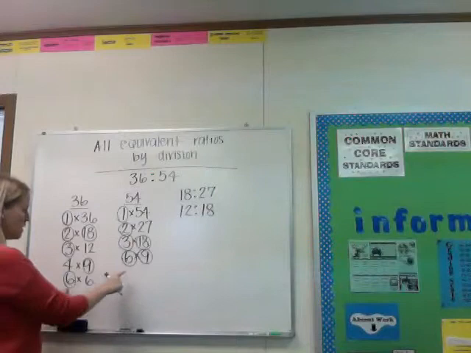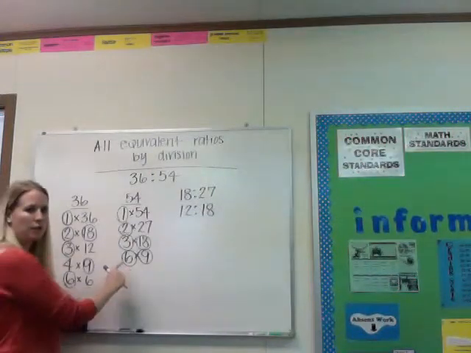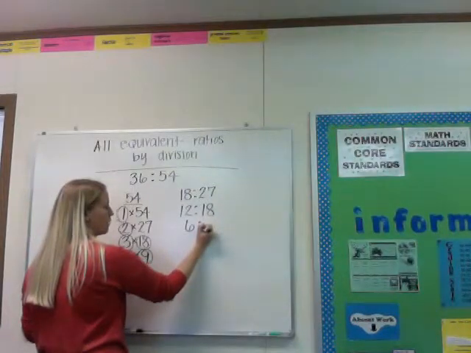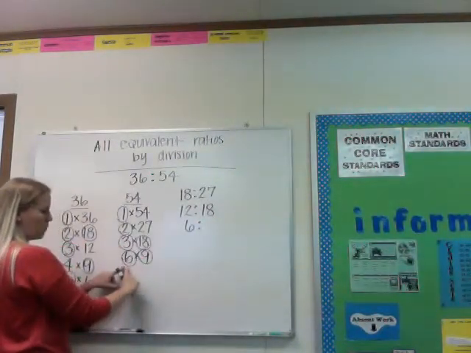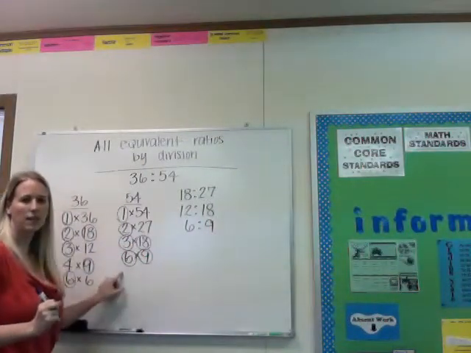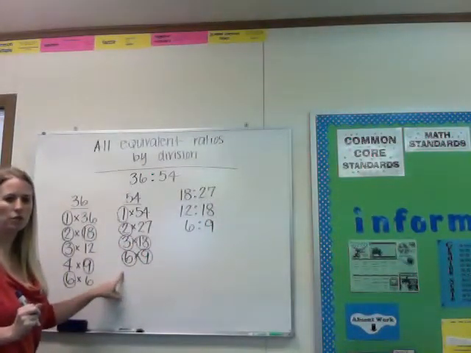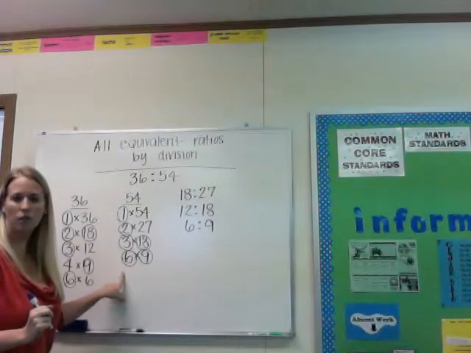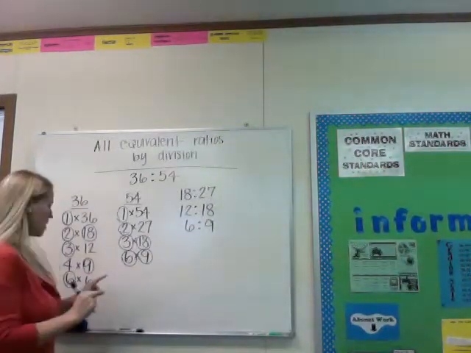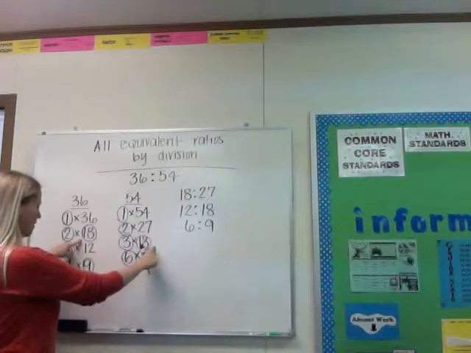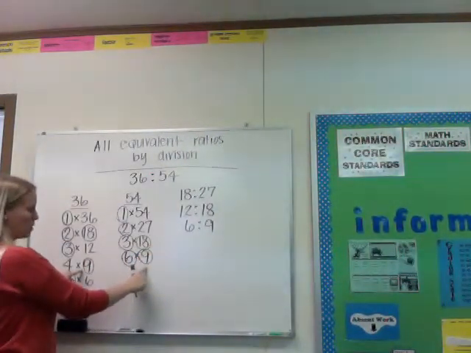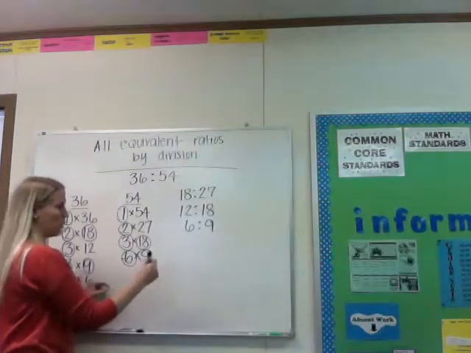I'm going to move on to my next number, which is 6. 36 divided by 6 is 6. And 54 divided by 6 is 9. So 6 to 9 is also an equivalent ratio. I also have the number 9, so I'm going to divide both sides of this ratio by 9.